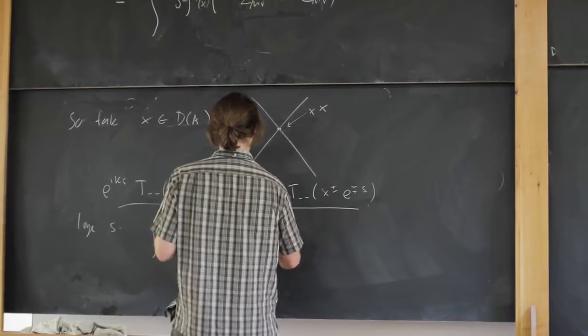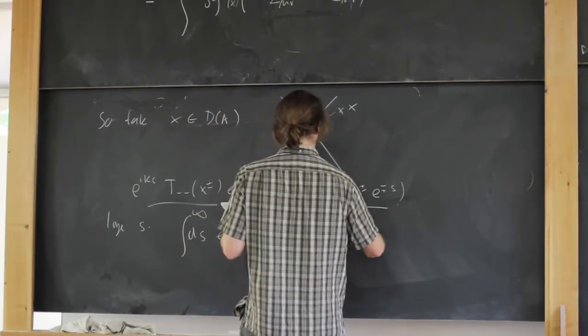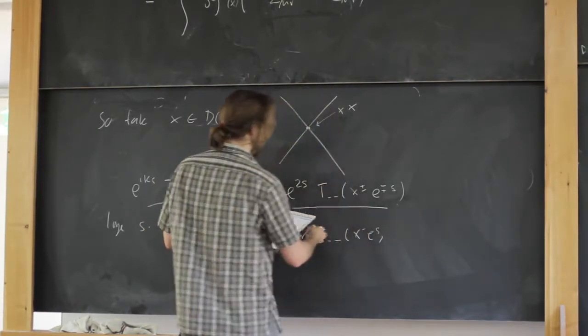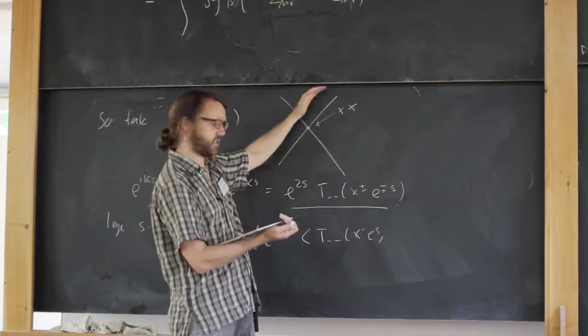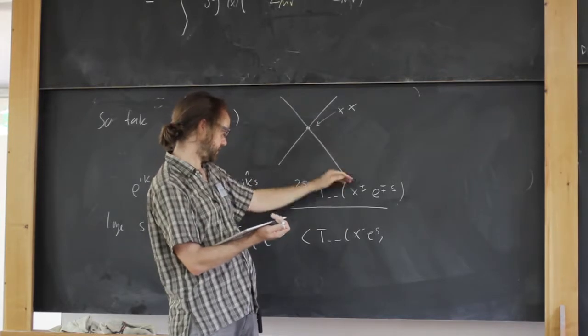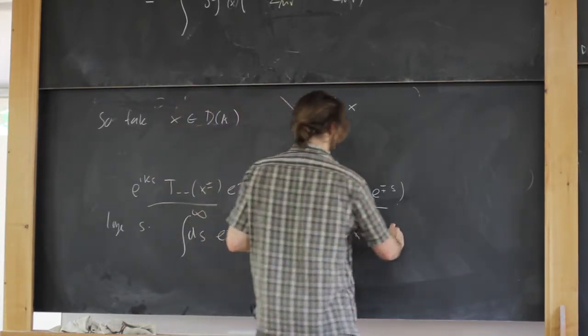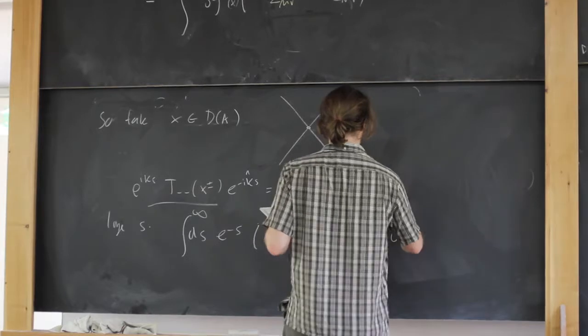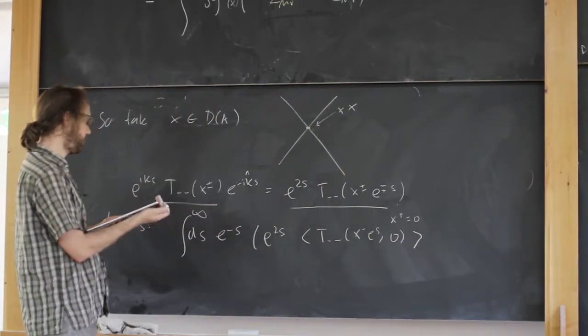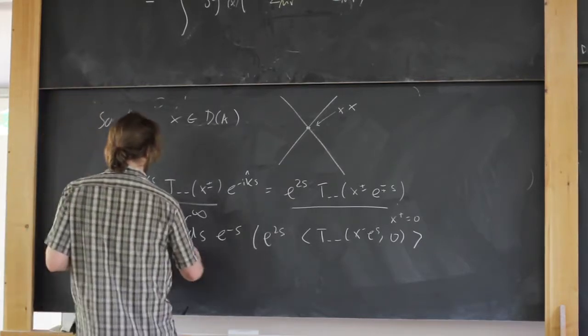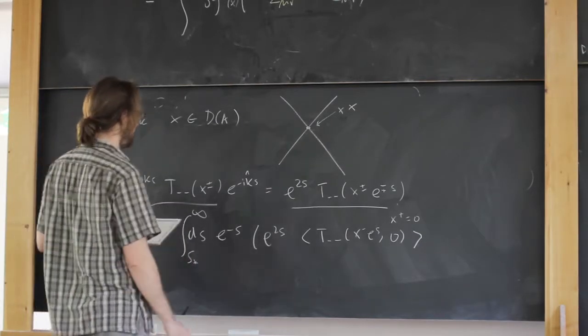Then you get T minus minus, x minus e to the s. But because we're boosting to large s, one of the null coordinates goes to 0 in the stress tensor insertion, so you just evaluate it at x plus equals 0. And this is from some s star, which is large enough.